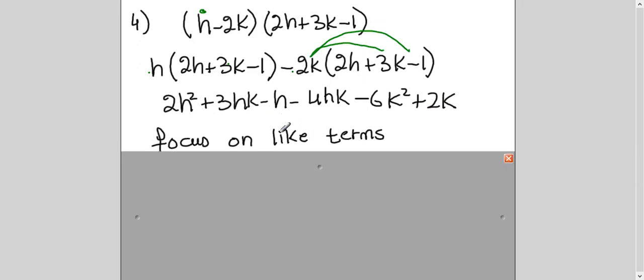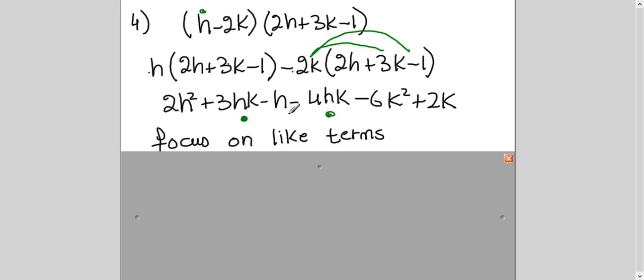Now you will focus on the like terms. h squared, is there any term which has h squared? None. So we will write this as it is. Then hk, yes, this has. So these two need to be added or subtracted, whatever the sign is here. Minus h alone, there is no term with only h. There is no term with only k squared. I can't see k squared.